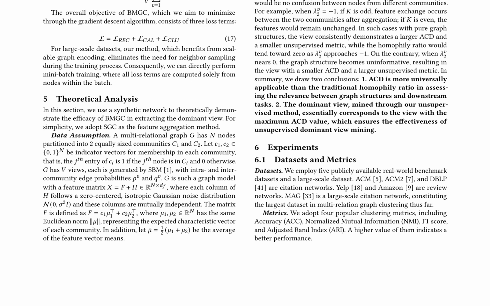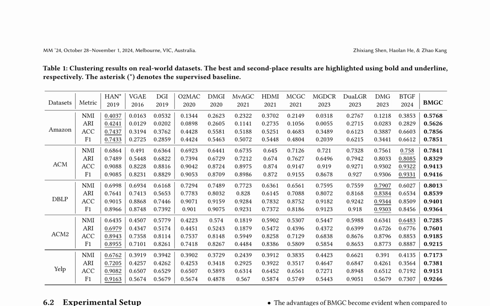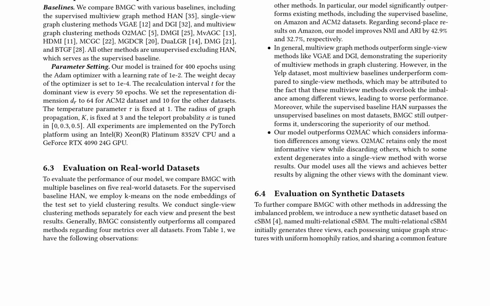The paper presents a comprehensive evaluation of BMGC, a novel multi-view graph clustering method, on real-world datasets. It benchmarks BMGC against various baselines, including both supervised and unsupervised methods, across 4 distinct metrics. The results consistently demonstrate the superior performance of BMGC across all datasets.